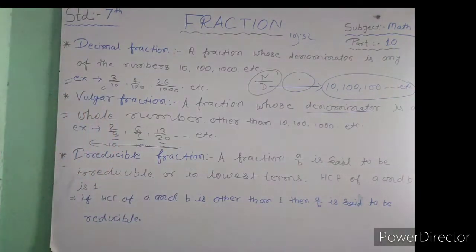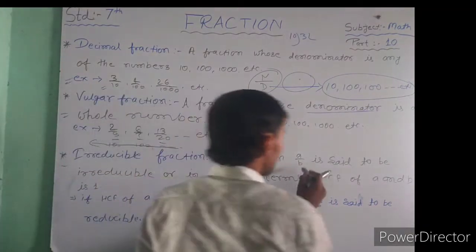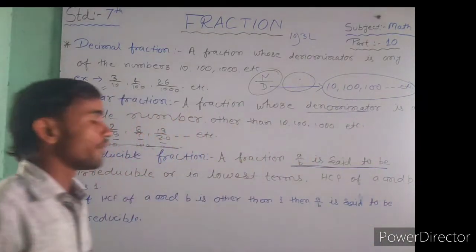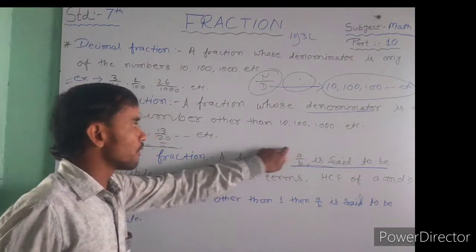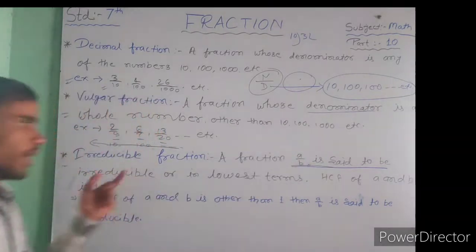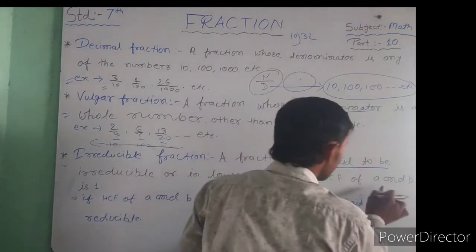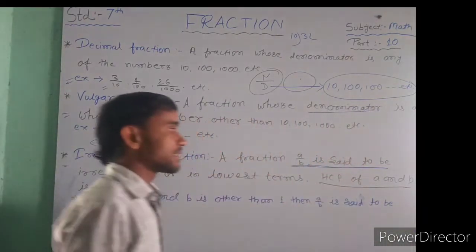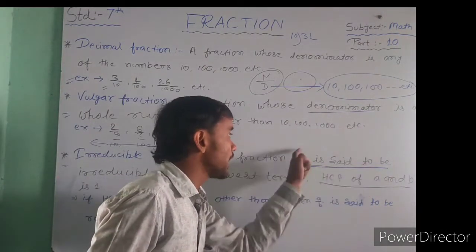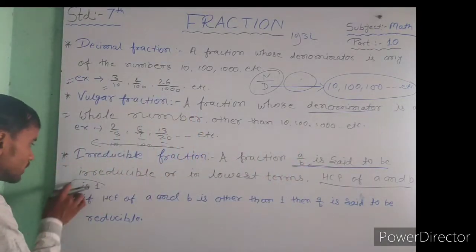What is an irreducible fraction? A fraction a by b is said to be irreducible, or in lowest terms, if the HCF of a and b is 1.